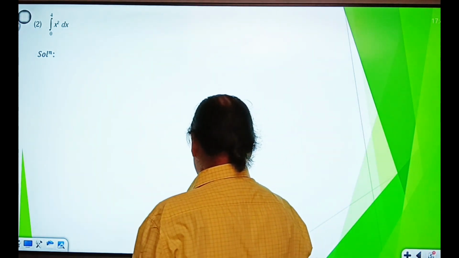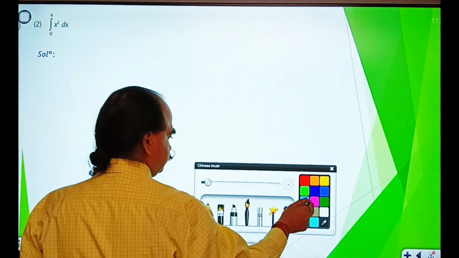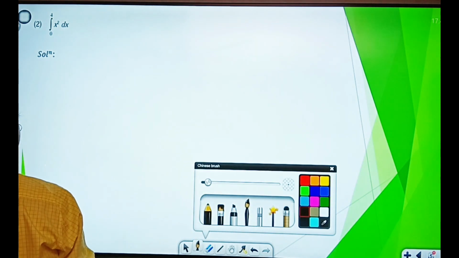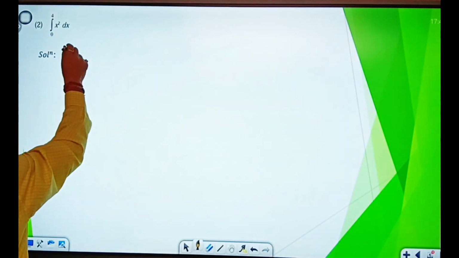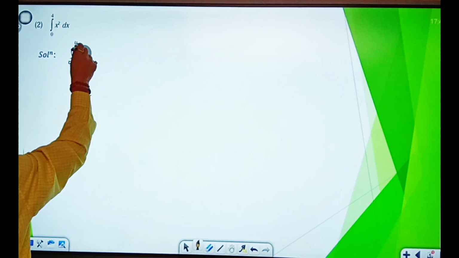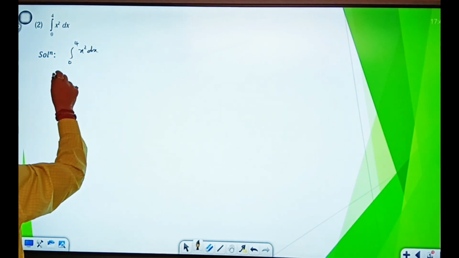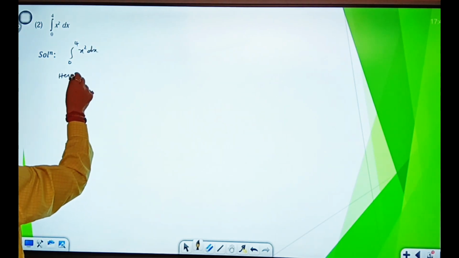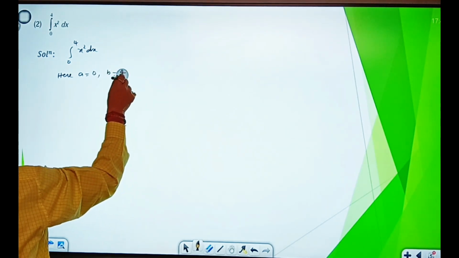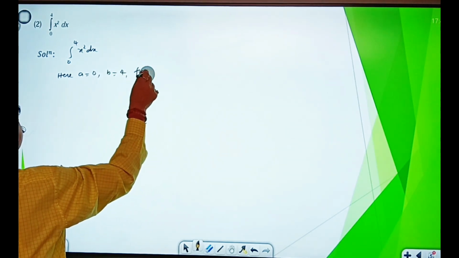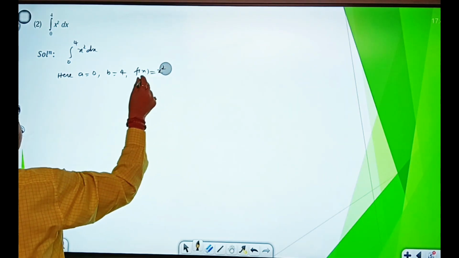Second problem is integral 0 to 4 x square dx. Here a is 0, b is 4, and f(x) is x square.